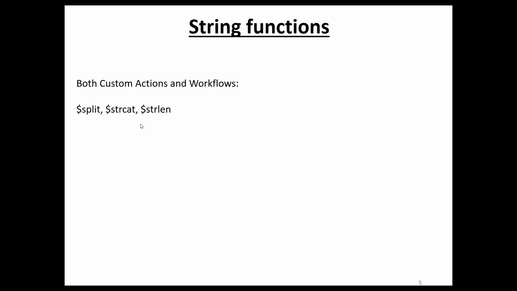It's going to mash them together, concatenate them. Split is kind of a reverse of what string concatenation is doing. It's going to split out a string of text based on some separator, which could be a colon, semicolon, space, or whatever. And then there's string length, which is going to count the number of characters in your string. You might need that for some purposes.